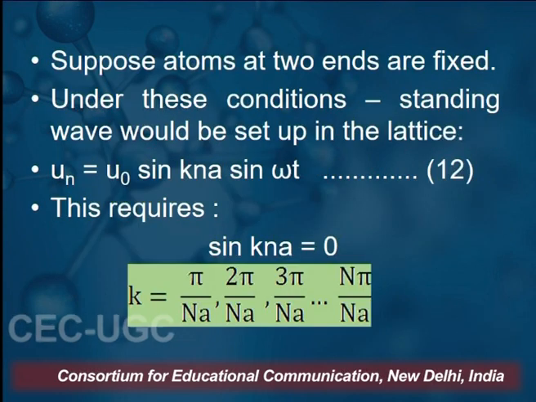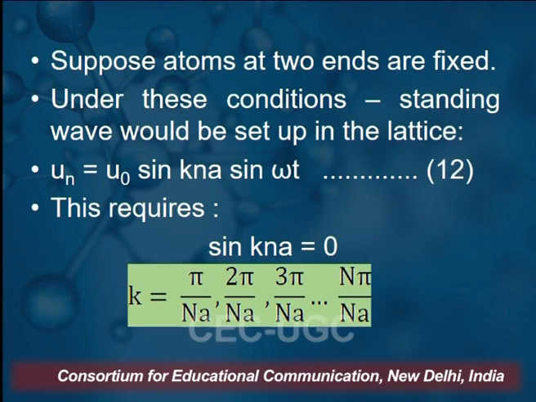Then the two atoms will be fixed, and again a standing wave would be set up in the lattice. Un is U0 sine of Ka into sine of omega t. Now U0 and sine of omega t cannot be 0, so this quantity Un can be 0 only when sine of Ka equals 0.